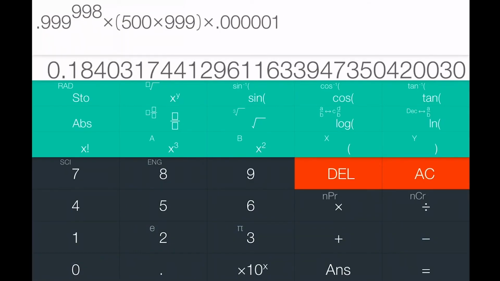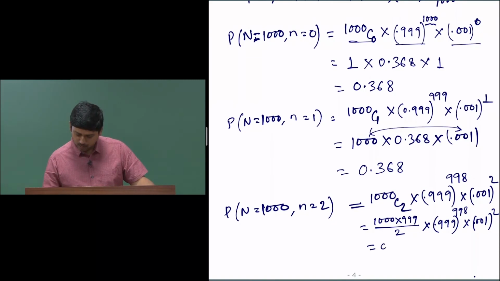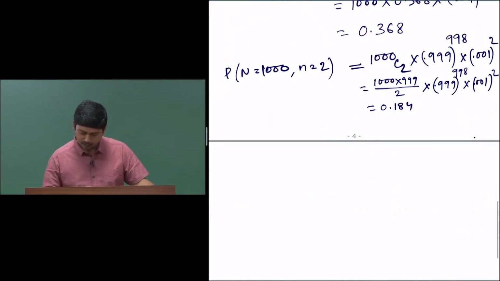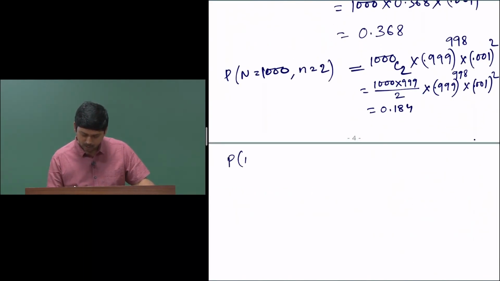So, it will be 0.184. I just wrote it down instead of doing it. So, 0.184 is the value that we got.